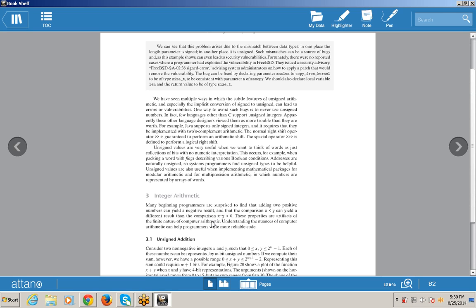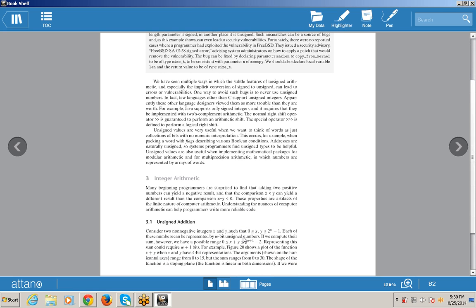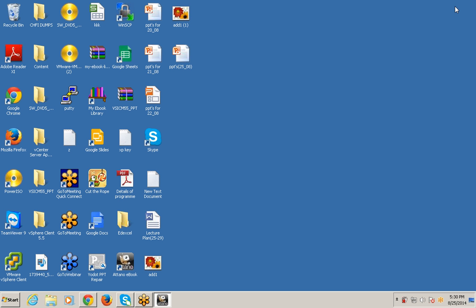These properties are artifacts of the finite nature of computer arithmetic. Understanding the nuances of computer arithmetic can help programmers write more reliable code. So we have to understand these concepts so that we can understand programs very well in C language. Now let's see with the help of PPTs.